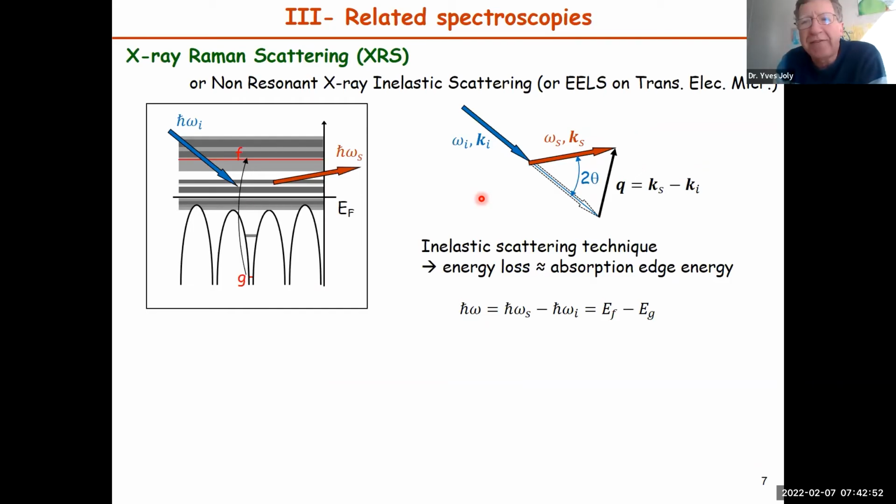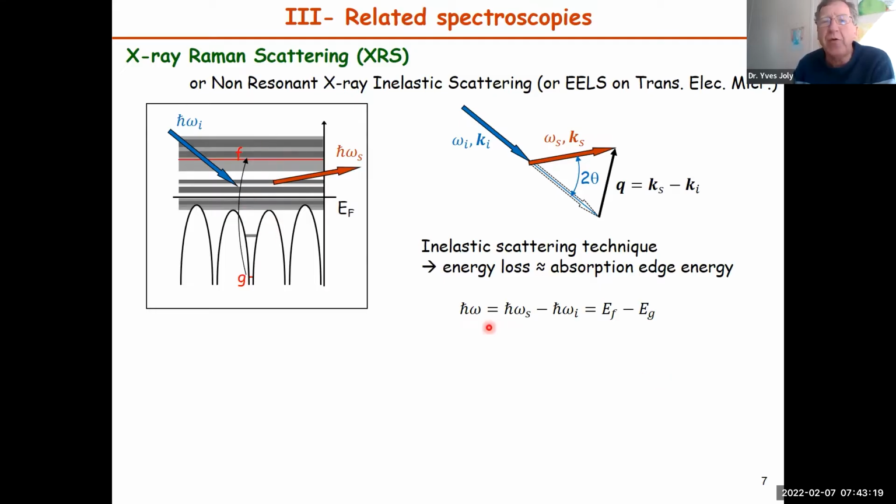Okay, so we have seen XANES spectroscopy, and the code can also calculate a related spectroscopy, such as X-ray Raman scattering. In that case, you have an inelastic process, and the difference in energy between your incoming photon and your outgoing photon is close to the energy edge.